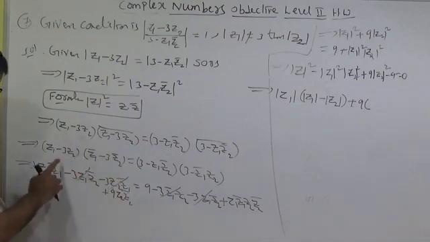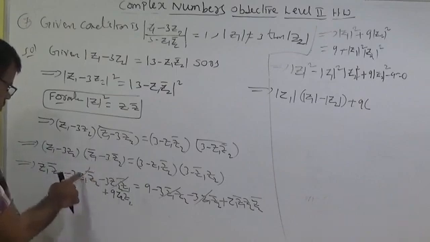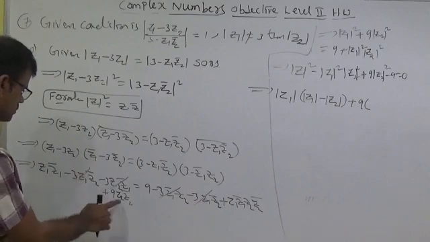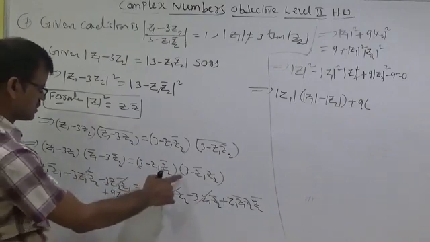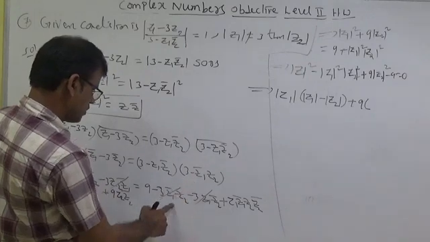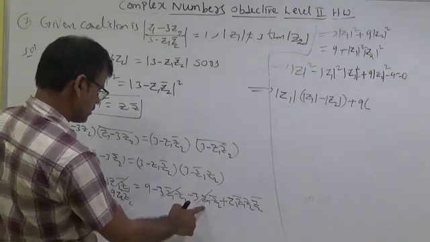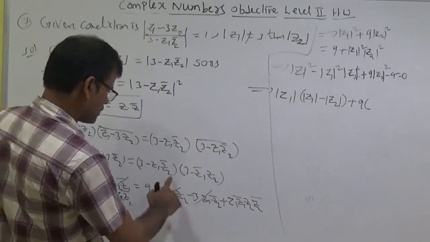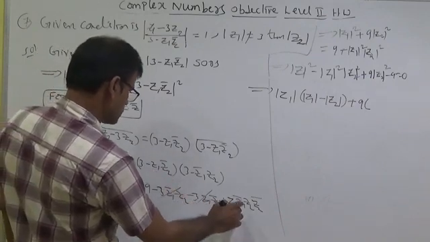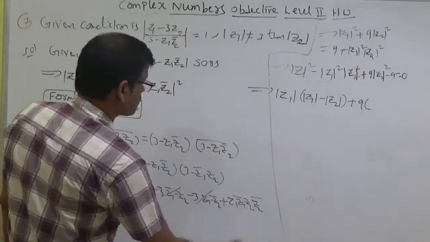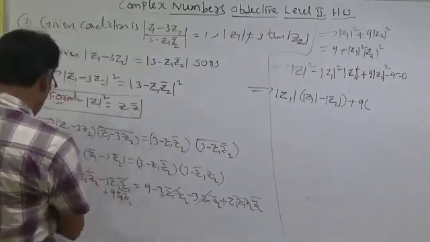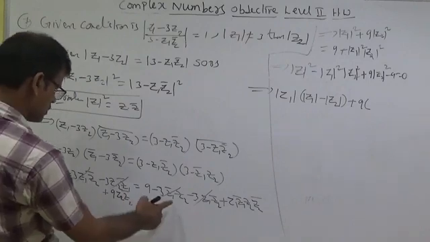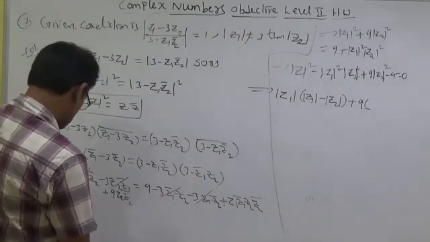Z1 into Z1 bar minus 3 Z1 Z2 bar minus 3 Z2 Z1 bar plus 9 Z2 Z2 bar is equal to 9 minus 3 Z1 bar Z2 minus 3 Z1 Z2 bar plus Z1 bar Z1 Z2 Z2 bar. Here minus 3 Z1 Z2 bar gets cancelled, and this is also cancelled.